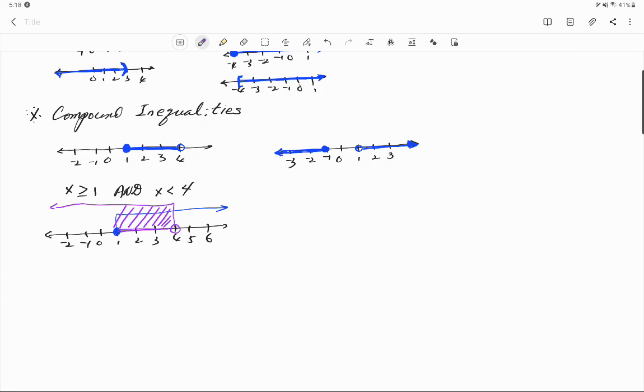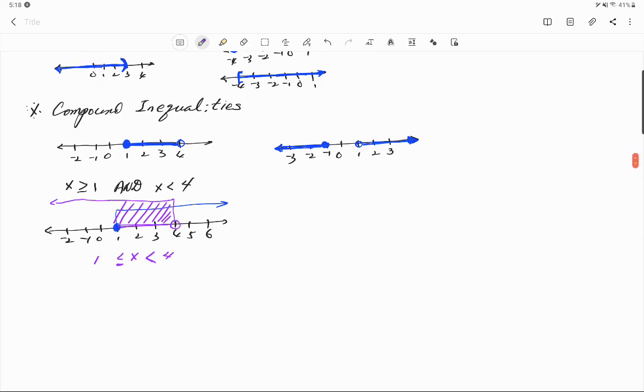Can you see it? If x is between two numbers, then we use and. Or you can rewrite it like this: x is between what? 1 and 4. 1 is included, so use an equal sign, and 4 is not included, so there's no equal sign.